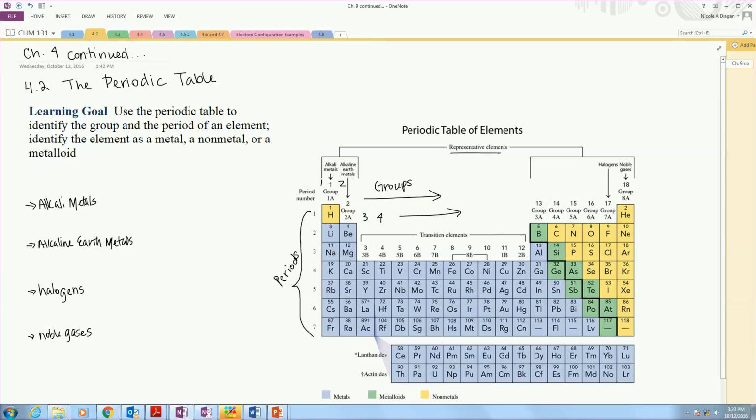The representative elements have group numbers 1A, 2A, 3A, 4A, 5A, 6A, 7A, and 8A. All of the elements within a particular group have similar properties.